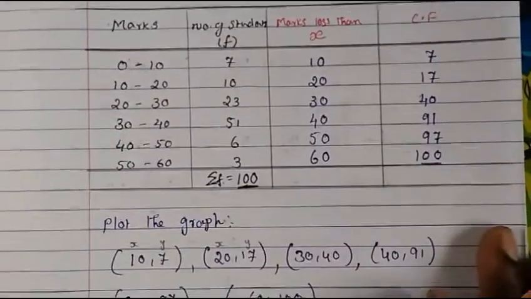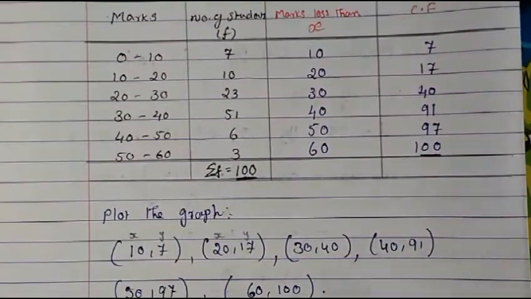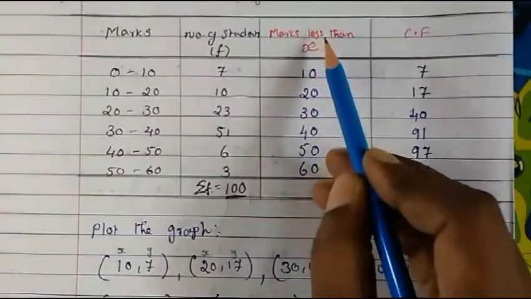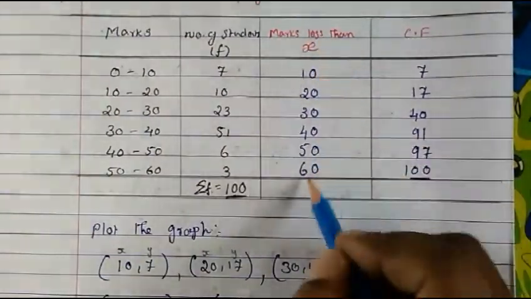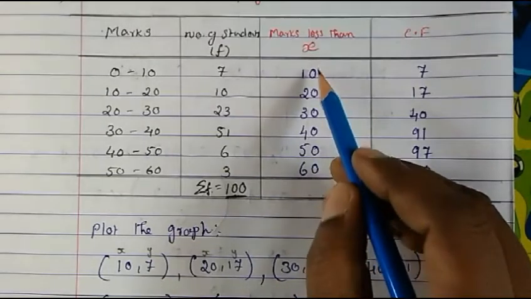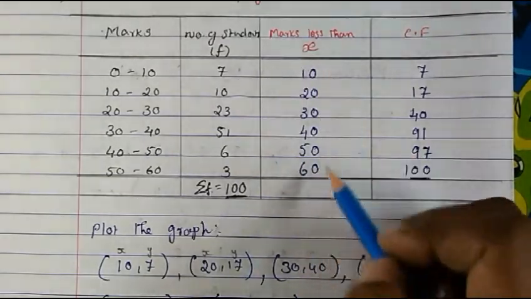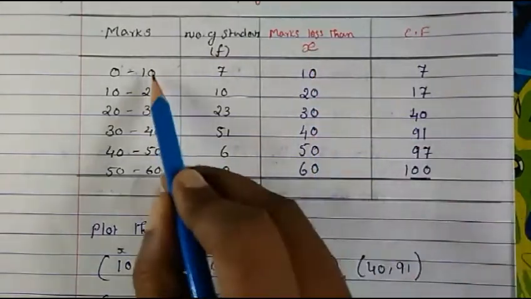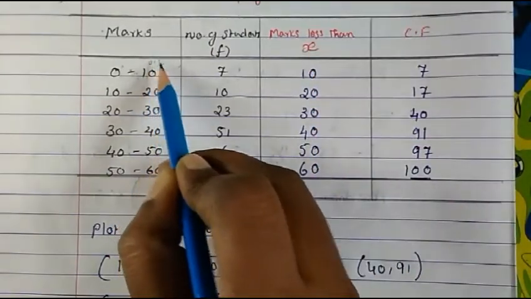Okay, so now here you see the x-axis, what we have to take. On the x-axis we are taking marks less than. The highest is up to 60, and the difference you see is 10, 20, 30. This marks less than is actually what? These are upper limits.